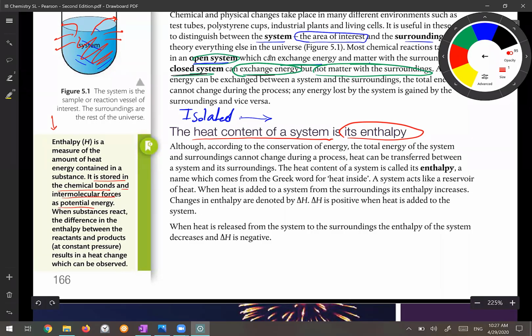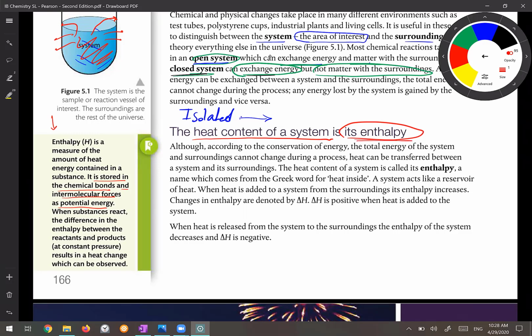It means chemical potential energy. So the chemical potential energy stored inside the bonds of the reactants, or of the system, it's better to say, and also stored in the intermolecular forces, can convert to heat. So we can say our system has some heat stored in it, and that heat is called enthalpy.